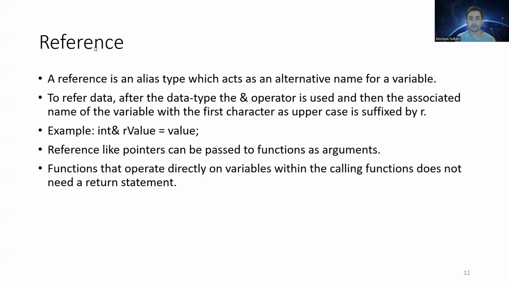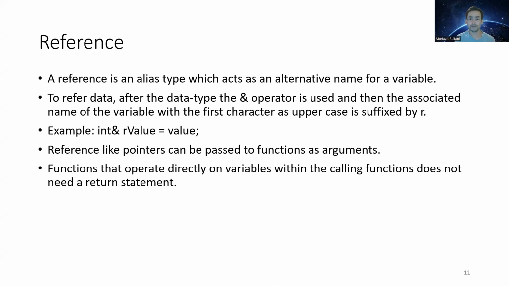Okay, let's go to the reference. A reference is an alias type which acts as an alternative name for a variable. We have a variable, and a reference is, in fact, an alternative name for that variable.